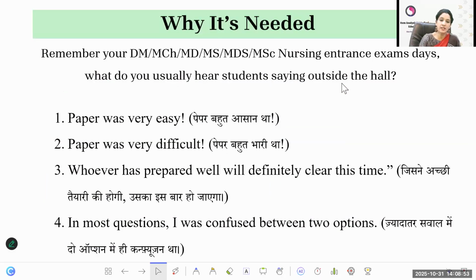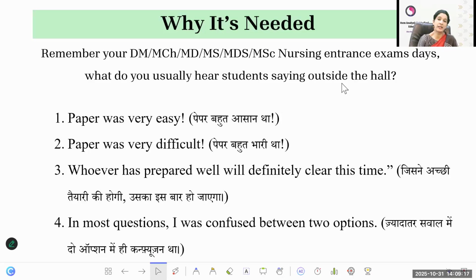So why is it needed? If you can remember your DM, MCh, MD, MS, MDS or MSc nursing entrance exam days, generally whenever you came out of the examination hall, you must have heard students talking that the paper was very easy or the paper was very difficult. Or another statement like whosoever has prepared well will definitely clear this time.